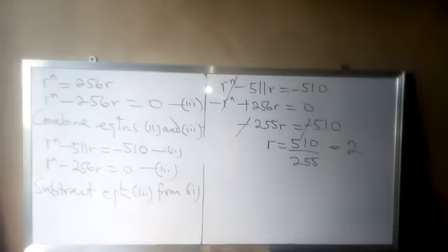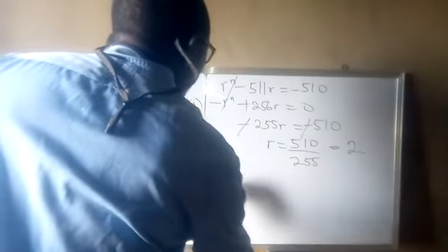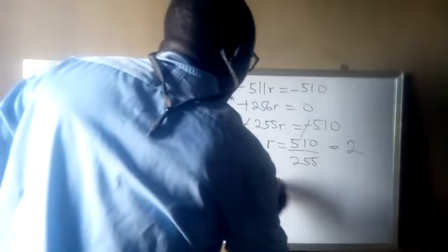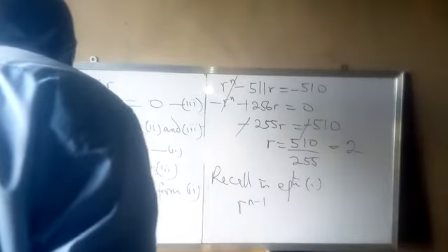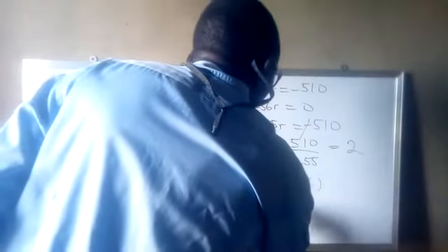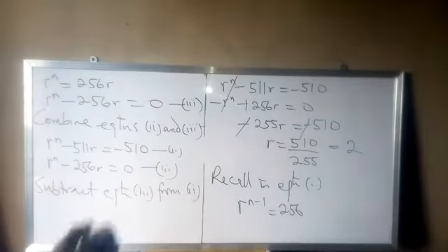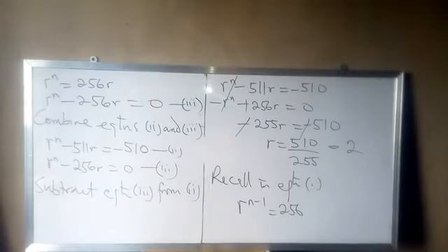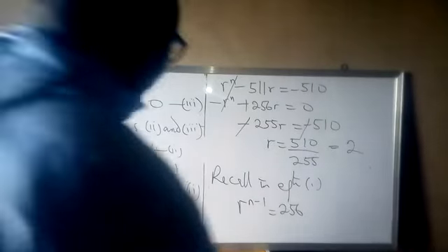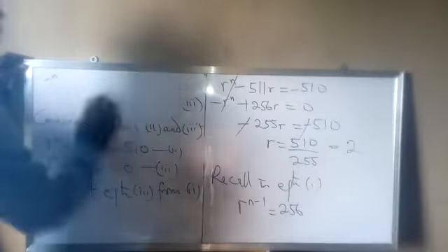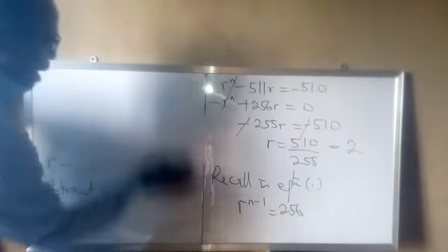So recall in equation 1 again, we have r raised to power n minus 1 is equal to 256. Can we still use that? We have gotten r here to be 2, so we can do something there to get our n.